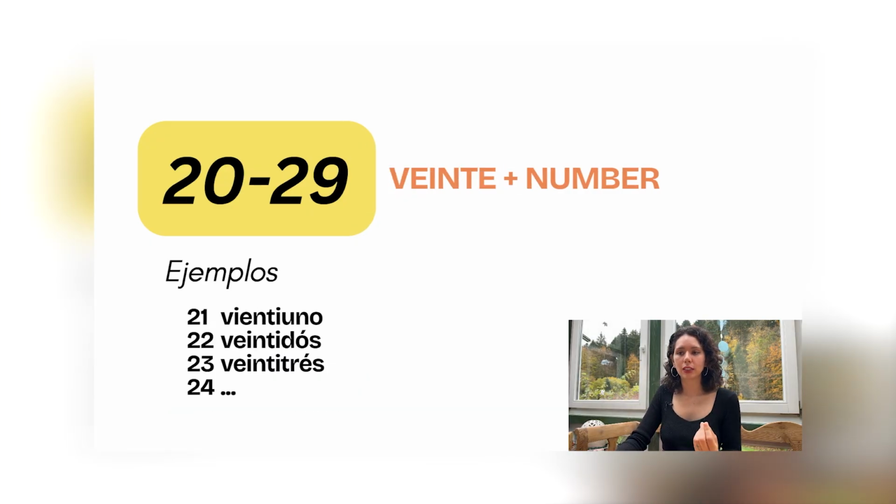From 20 to 29, the pattern is veinti plus the number. Examples: 21, 22, 23. Following this pattern, how do you say 24?